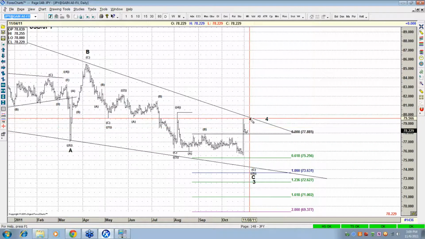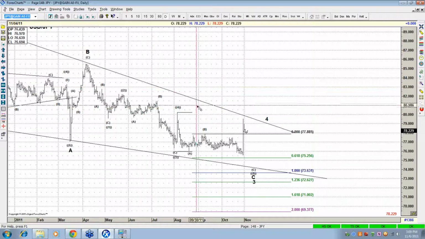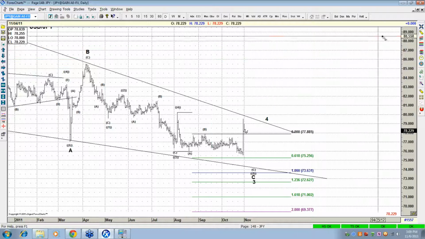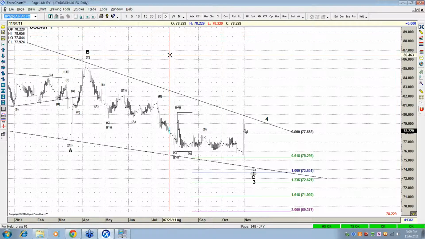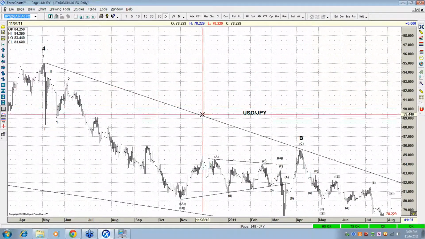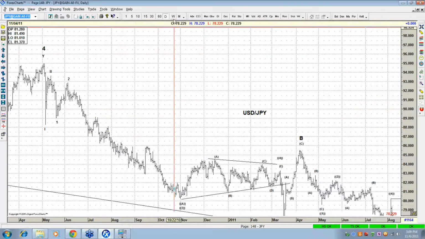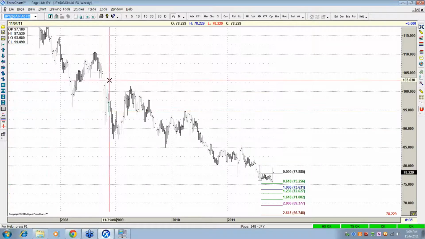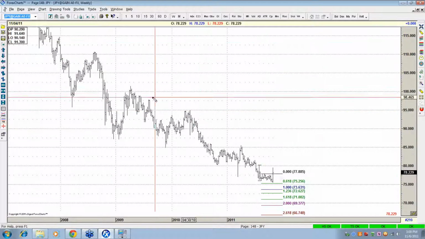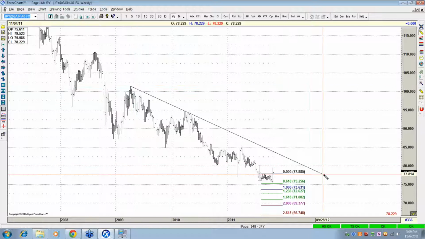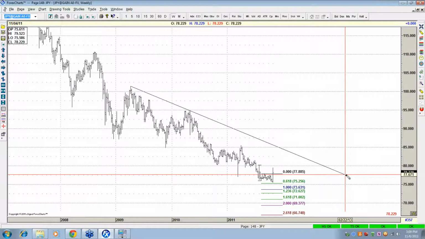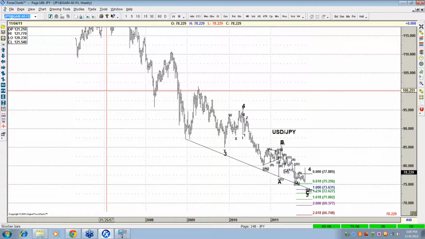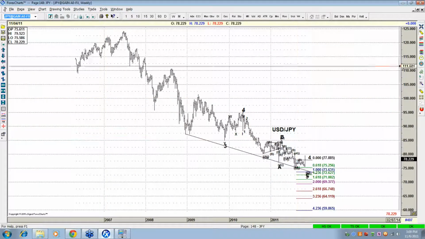Now, this move should get, look, the trend line is right there. So let me adjust it a little bit. Let me put the real trend line. One second. But the dollar yen, guys, is ending a huge, huge move.